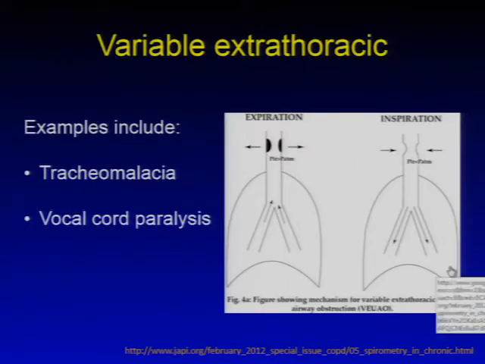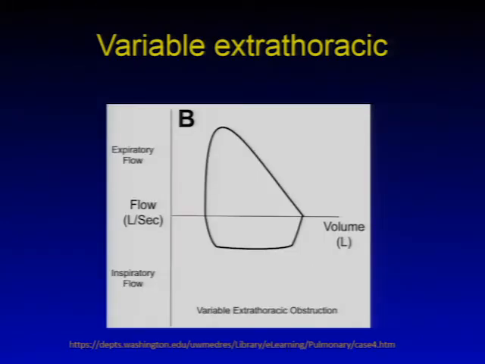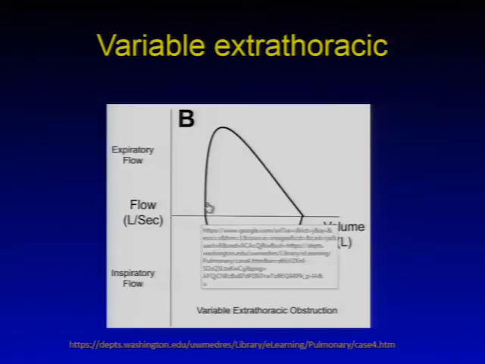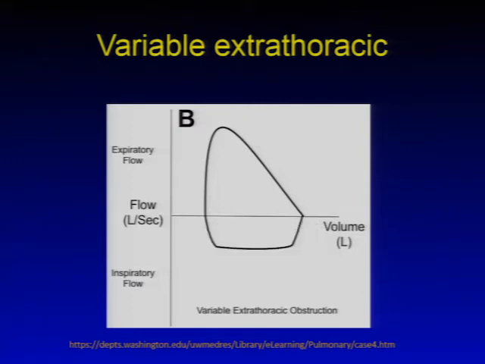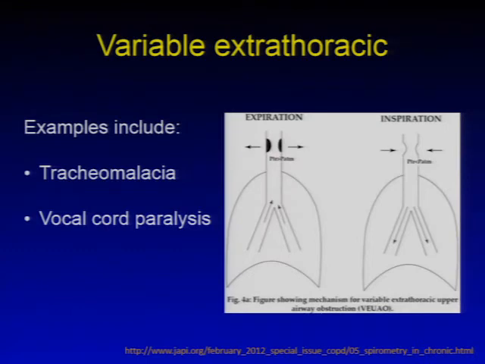There's also the variable extrathoracic obstruction. This includes tracheomalacia and vocal cord paralysis. If we continue to the next, we see that expiration appears to be appropriate, but inspiration appears to be somewhat limited. And let's go back to this one picture that we have here.